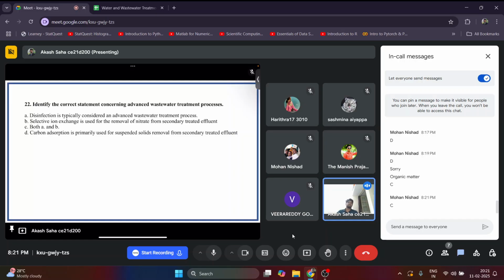So definitely both A and B are correct, because disinfection, as you have seen in one of the previous block diagram problems also, is an advanced process after the secondary system. And for nitrate removal, we can use some ion exchange method. Okay, ion exchange, the nitrate will be replaced and the method can be used. Whereas carbon adsorption is not used for suspended solids removal.